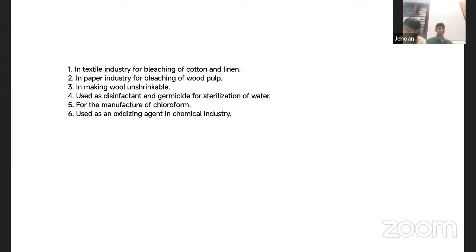Yes. Okay. So now we learned how we form bleaching powder. Now we will learn about the making of baking soda. Baking soda is basically NaHCO3.